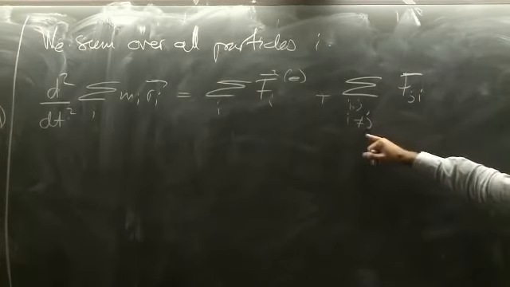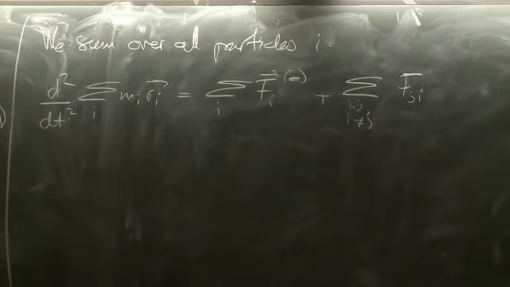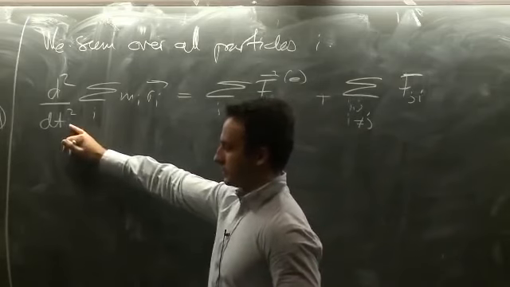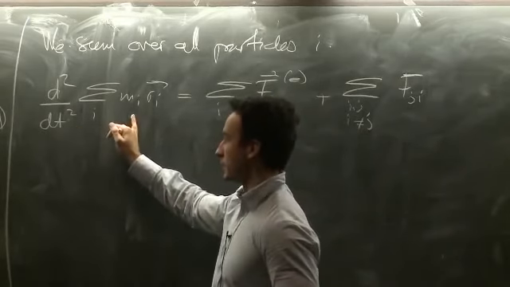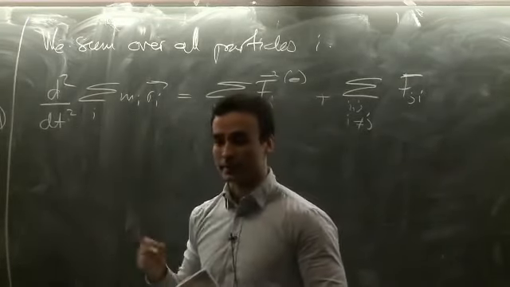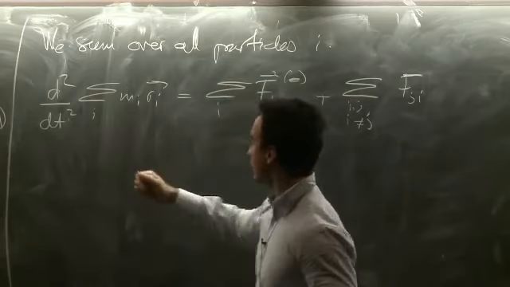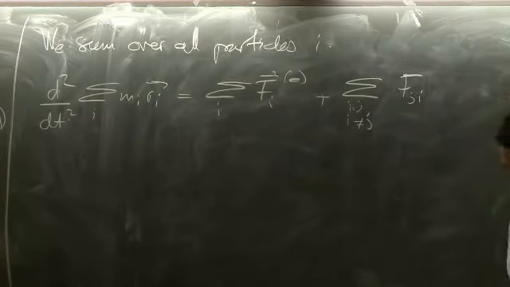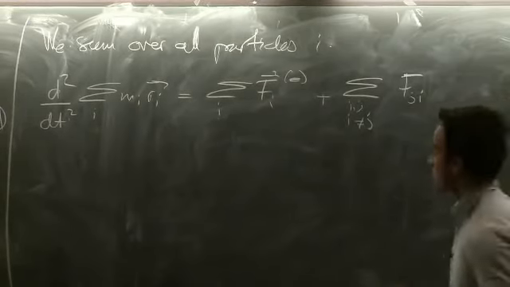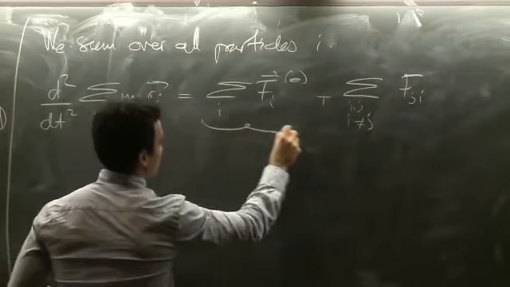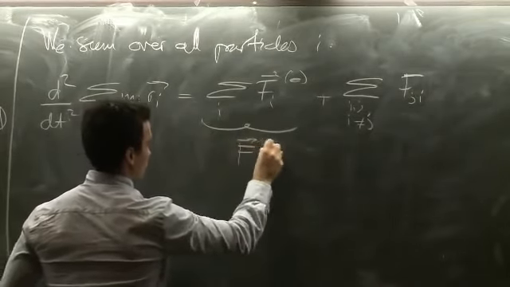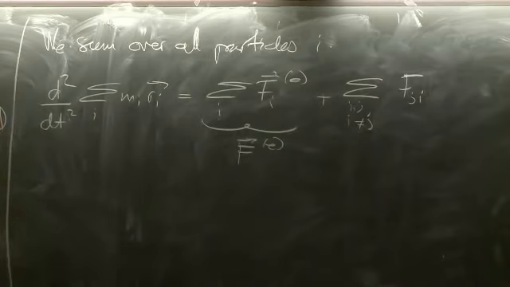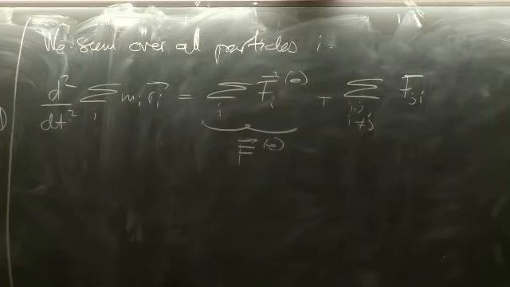So we're excluding this i equals j contribution. So this is just the time derivative of momentum written in a slightly different way. We're summing over all i's here for the external force, and then similarly here. This we can define as the total external force. So it's the total force acting on all the particles in the system.